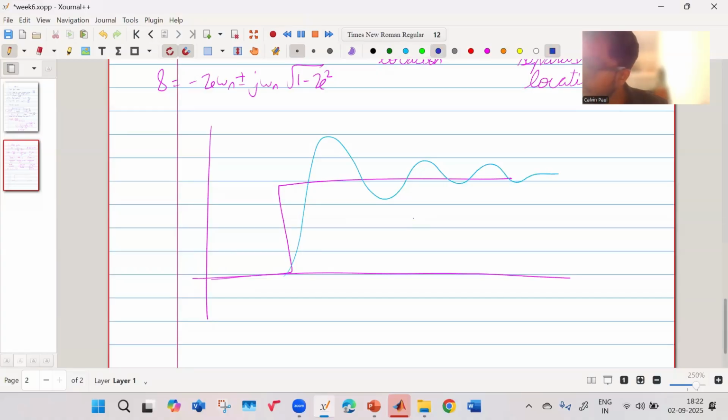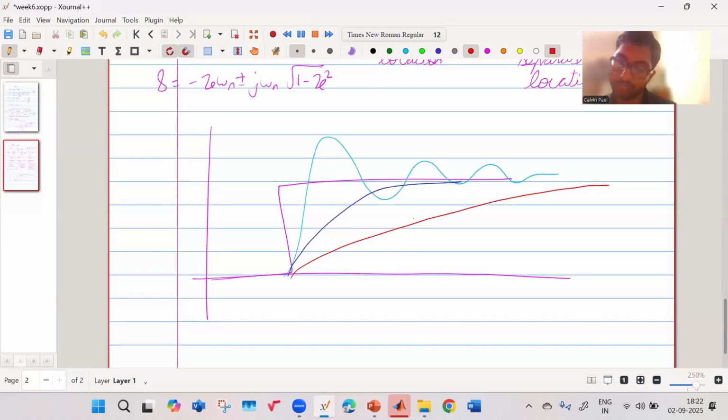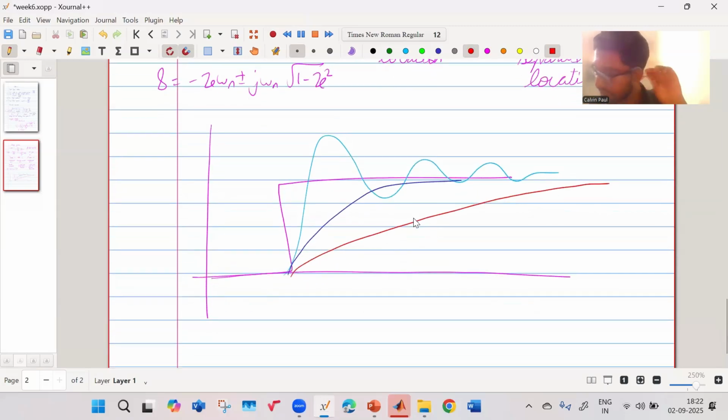In the critically damped case, it will reach like this. In the overdamped case, it will take time. Okay. So that is how your damping affects your response.